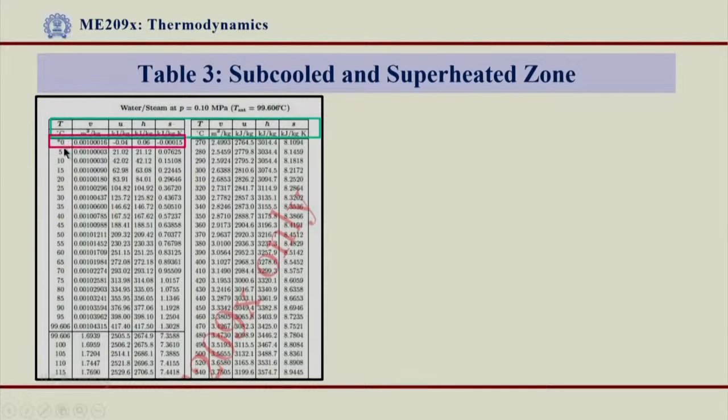Also to be noted, at 0 degree centigrade, this is for a pressure of 0.1 MPa in this case. At 0 degree centigrade, we have got the properties U and S shown as negative. If you remember, earlier we had said that at 0.01 degree centigrade, the triple point, these values were assumed to be 0 because that was our reference point.